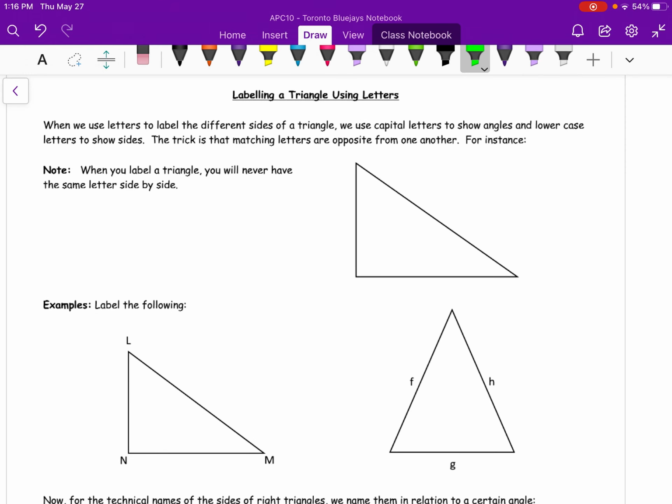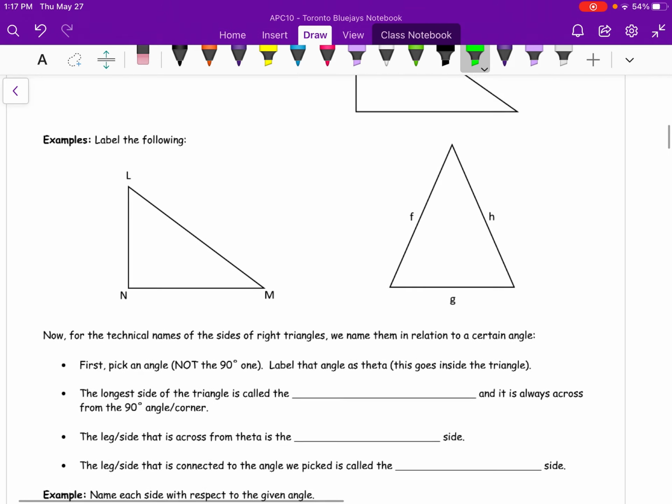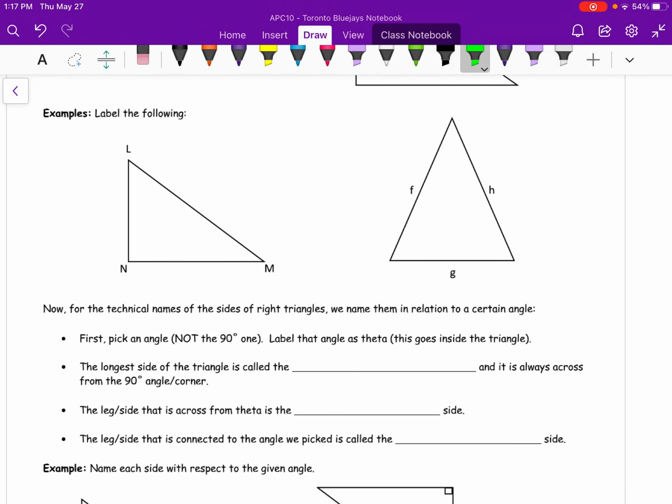So we're labeling a triangle using letters, and when we label a triangle, you never have the same letter and the angle side by side, the same letter side by side. But I'm going to maybe reach into this a little bit deeper.